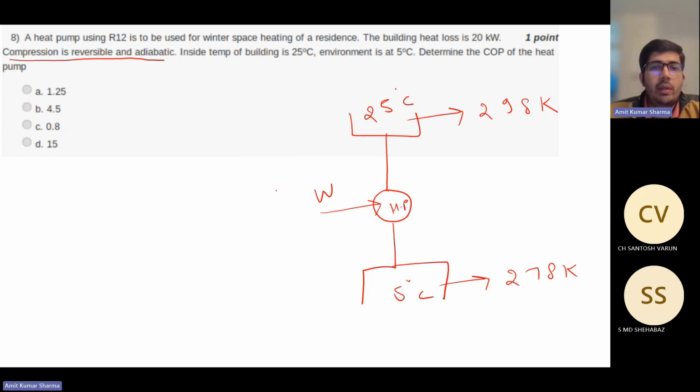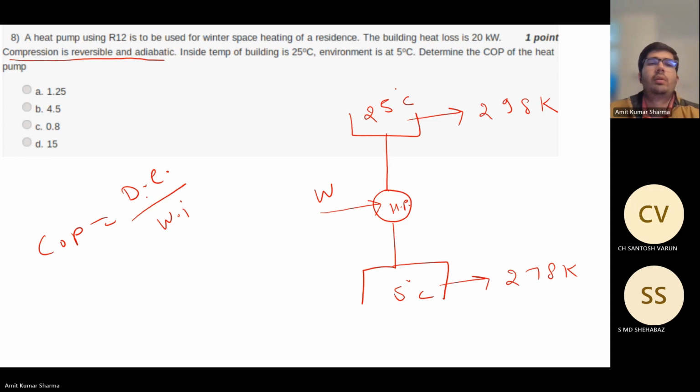For a reversible heat pump, we know that the COP is the desired effect upon work input, or you can say 298 upon 298 minus 278.